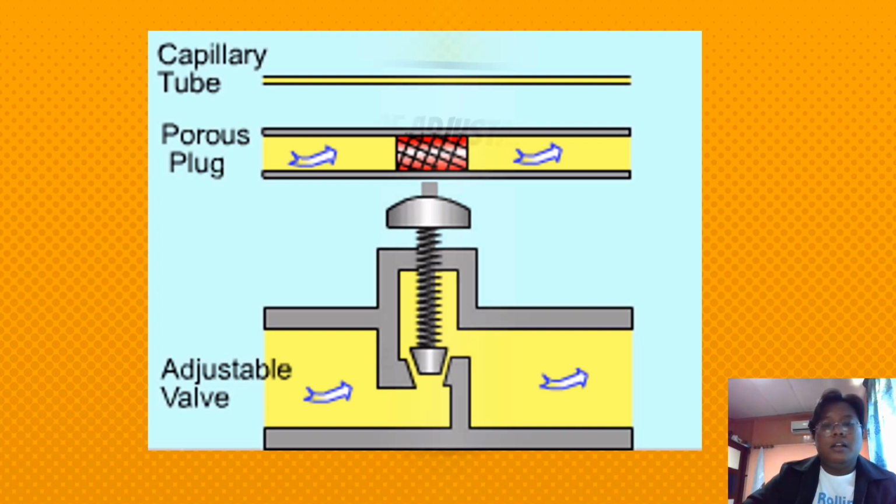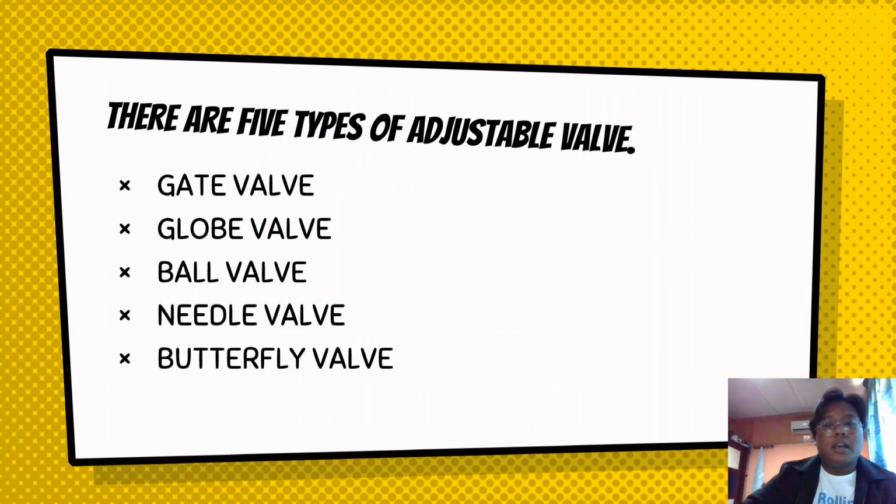Next, there are five types of adjustable valve. The first one is the gate valve, the second is the globe valve, the third is the ball valve, the fourth is the needle valve, and the last is the butterfly valve.